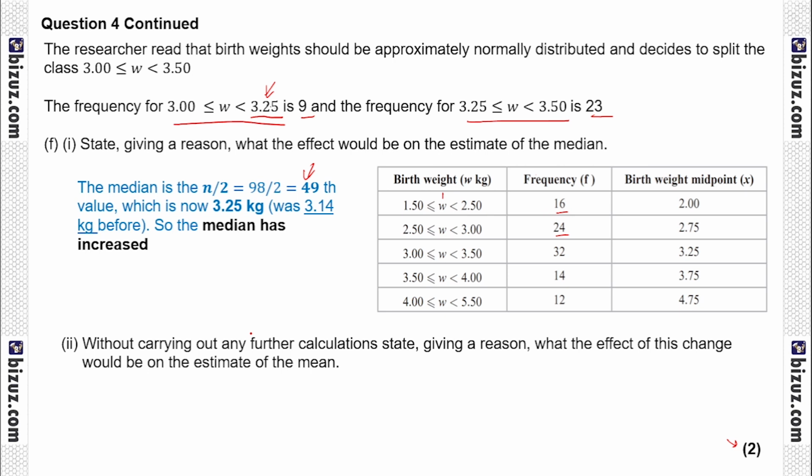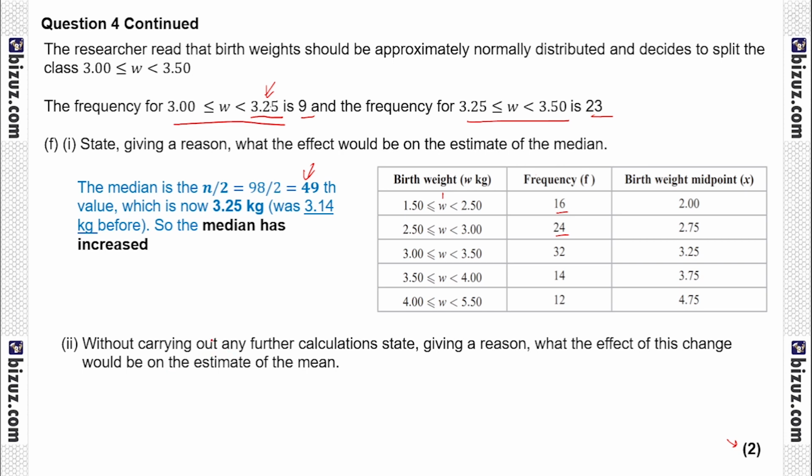However, as the question has been saying, it is only an estimate. The basis for that is we consider that for each class, the value is the midpoint, so all the values in one class are exactly equal to the midpoint. That's what we are assuming here.